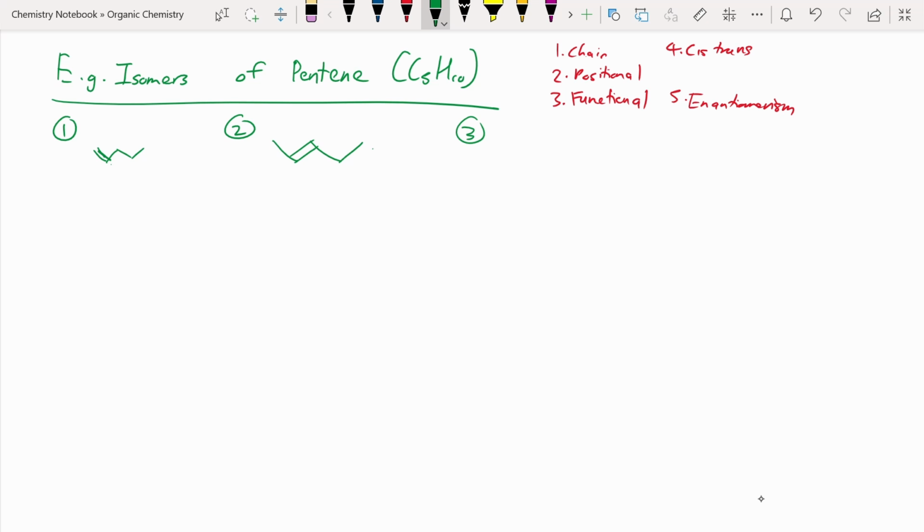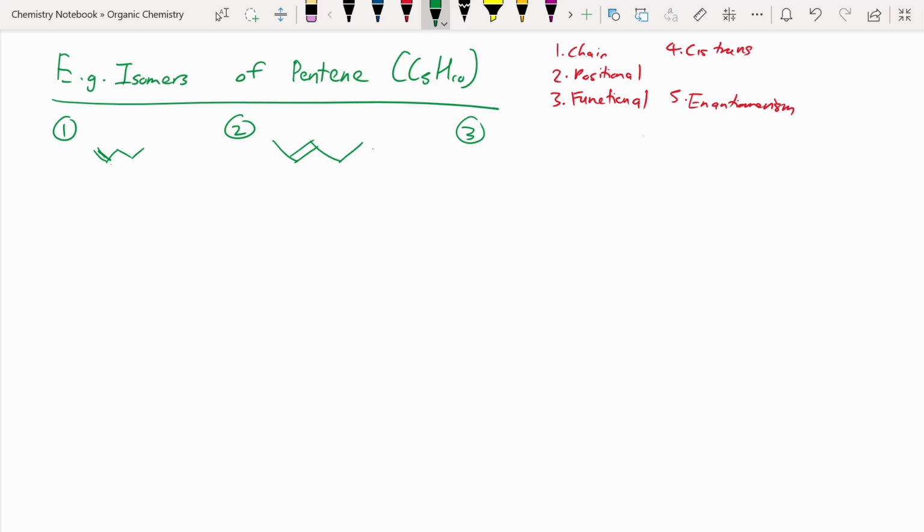If you're thinking of moving this isomer to the third one, it would be the same as number 2. So this one is wrong. This one is wrong. Okay. If you're gonna move it to the last one, it will be the same as this, so it will be wrong also.